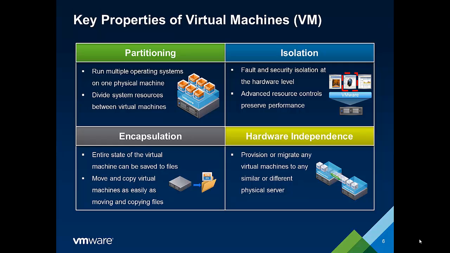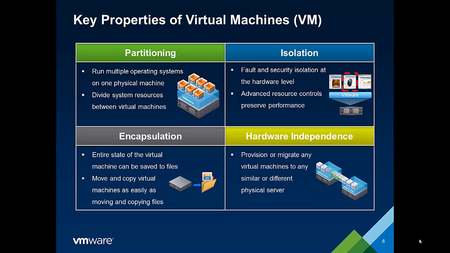So again, I said that these virtual machines are essentially files, which if you think about Windows Explorer on your Windows 7 desktop, you have a folder with several files in it. You can copy and paste them from one drive to another, from one folder to another.